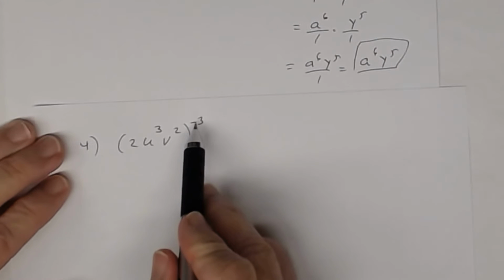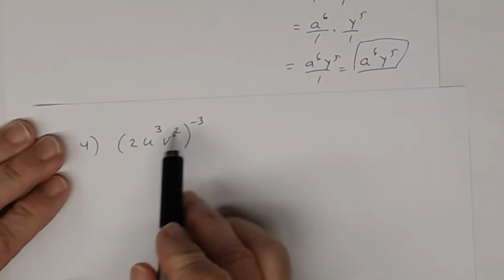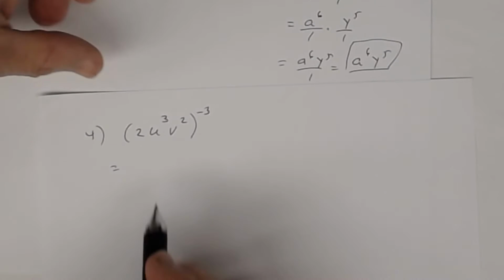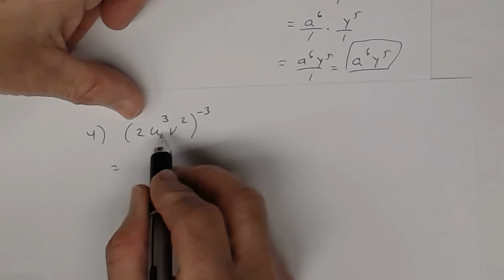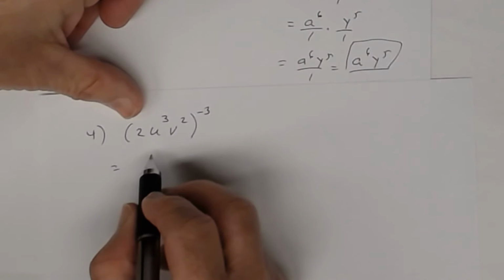So remember, when you take the power of a product, remember the power of a product rule? According to the power of a product rule, I can take each of those factors and raise it to that power. That's what the power of a product rule states.